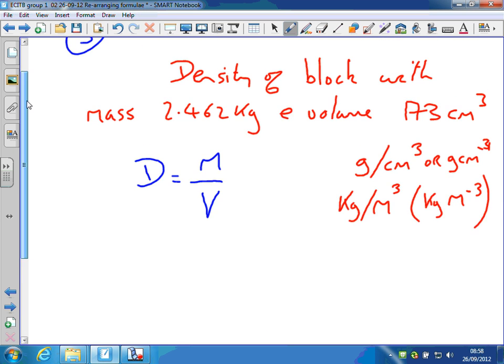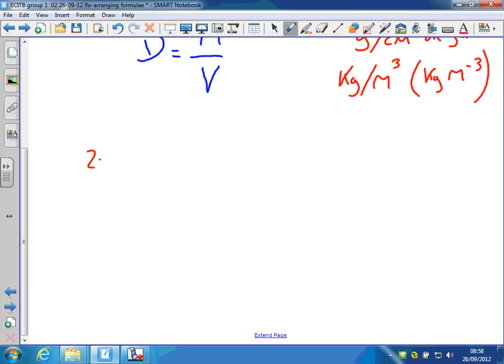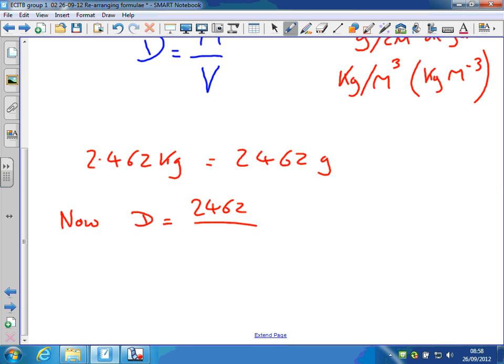So what is the number? 2.462 kilograms equals 2,462 grams. Okay. So now the density equals mass 2462 divided by 173.